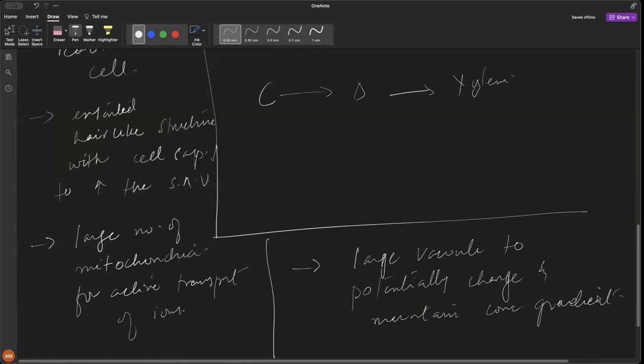Concentration gradient against what? Against the soil, right?